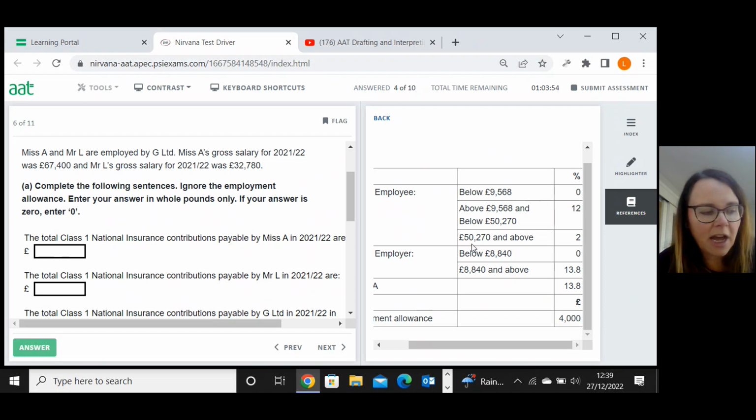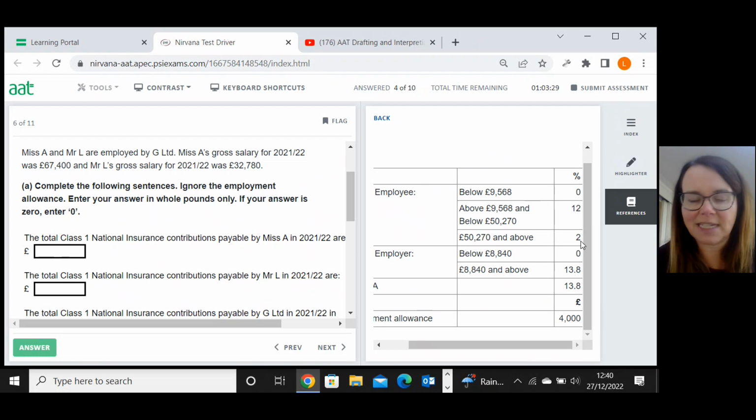Then anything over, so she's 67,400, so we need to do 67,400 minus 50,270, which is 17,130, and then we times that by 2%. So that gives £342.60.